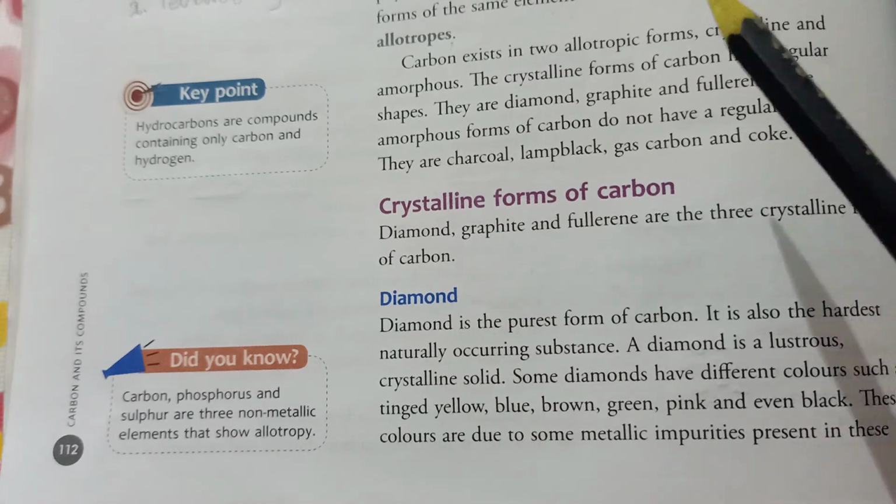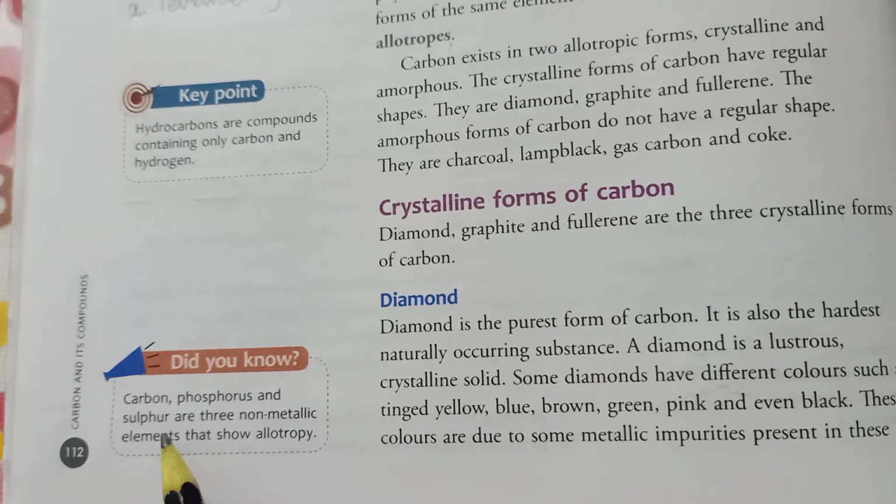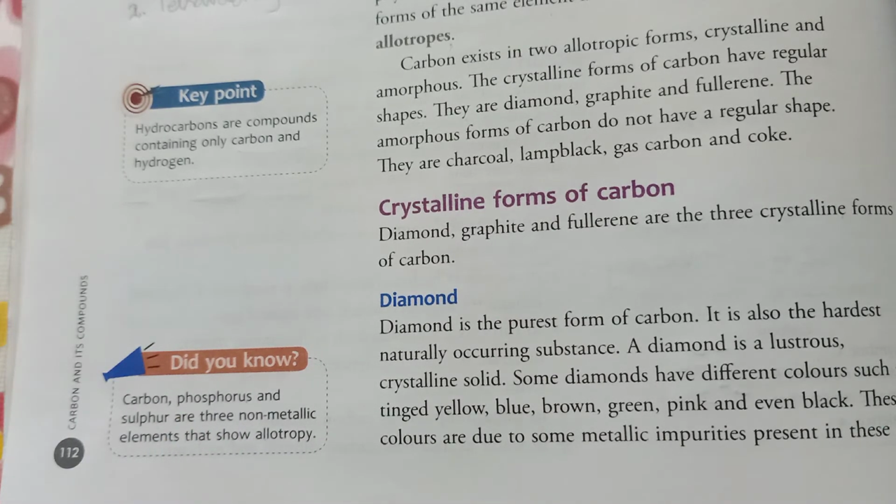This property of allotropy is possessed by carbon, and it is also possessed by some other elements, phosphorus and sulfur. They also exhibit allotropy. That means they also have their allotropic forms. They also exist in different forms in the same physical state.